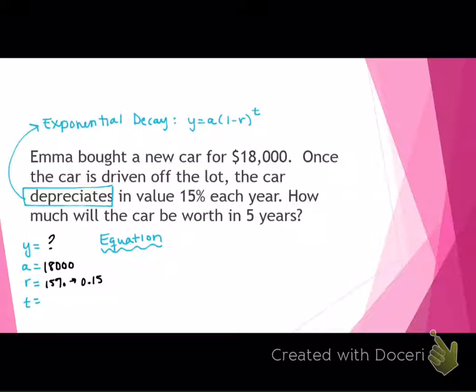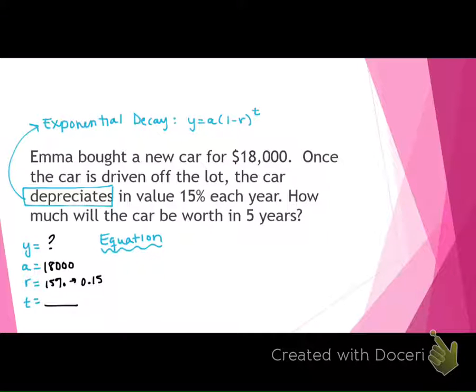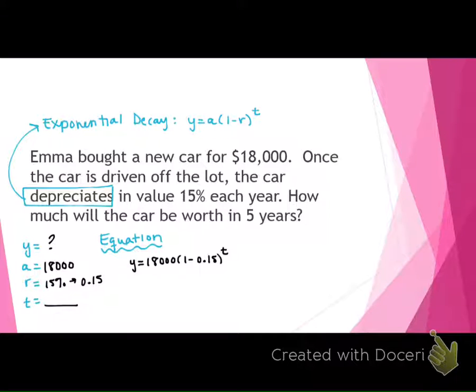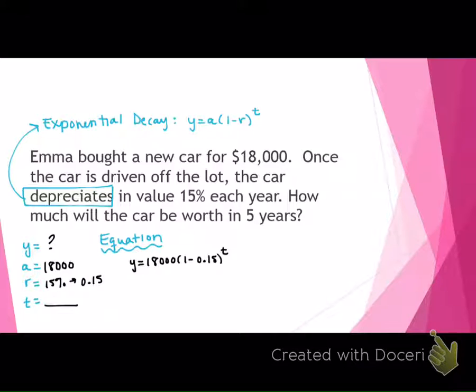Perfect. Move it 2 to the right. And then 5 is the years, which we're going to replace every single time to figure out what we're getting there, because you guys do not know how to solve for Y yet. So we get Y equals 18,000 times 1 minus 0.15 to the T power. So that's just the equation. So that's the blank equation that we can plug into no matter what the year is.